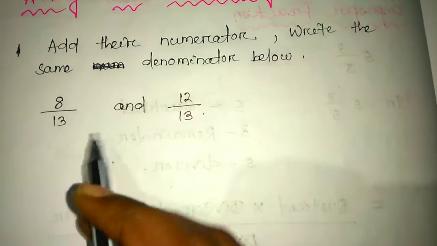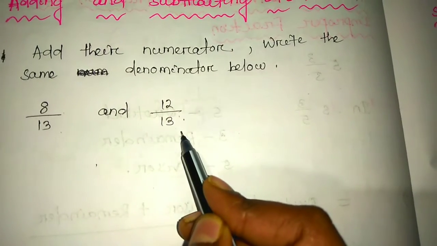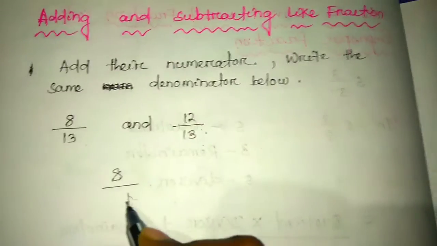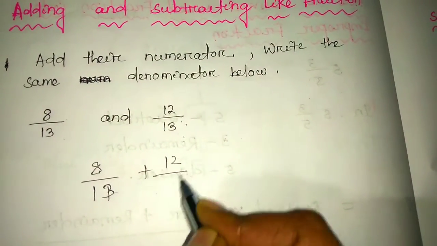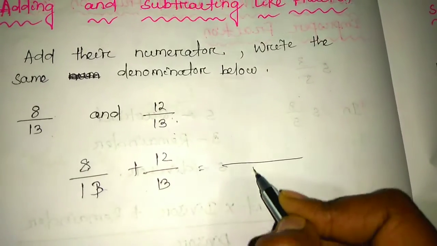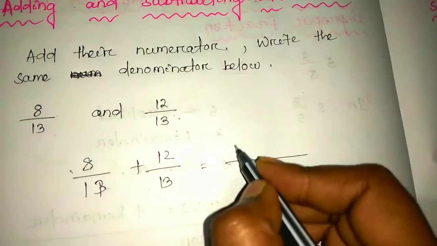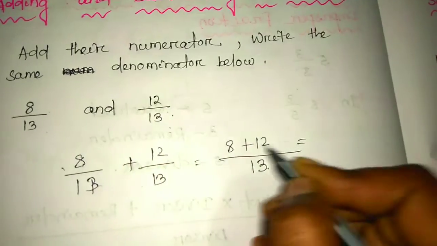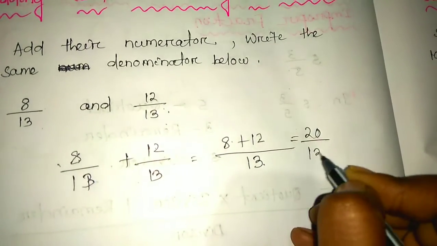So here we have to add 8 by 13 with 12 by 13. 8 by 13 plus 12 by 13. Then the denominator will remain the same. Then add the numerators only. 8 plus 12 is equal to 20 by 13.